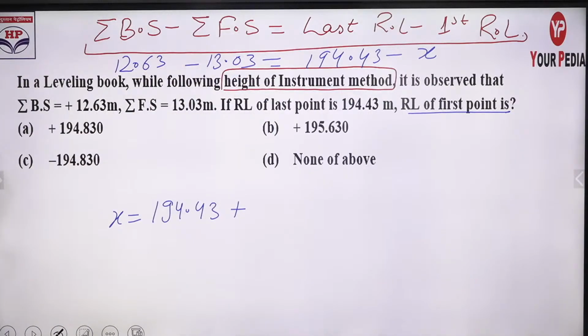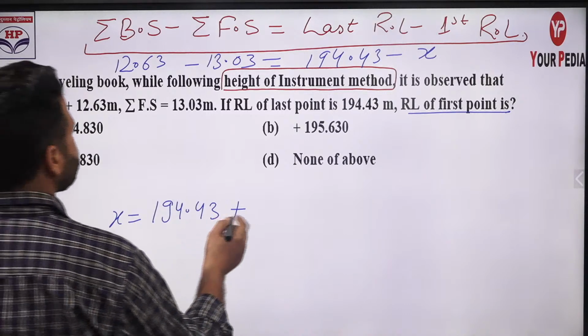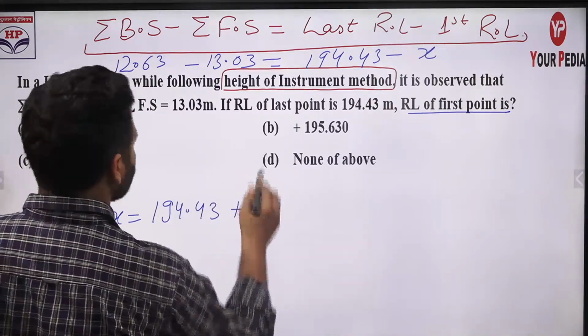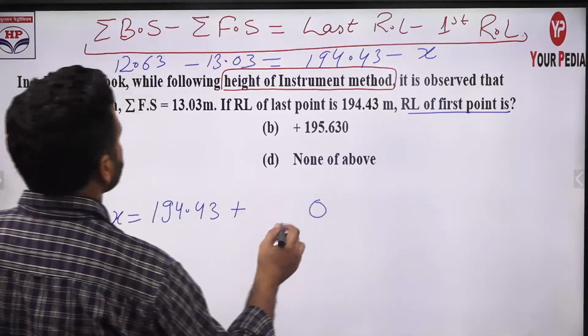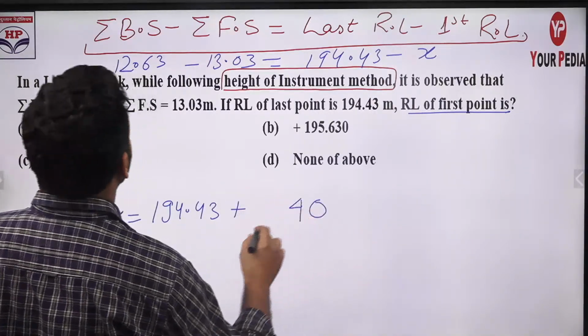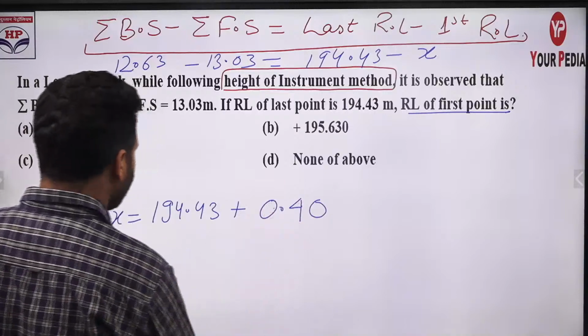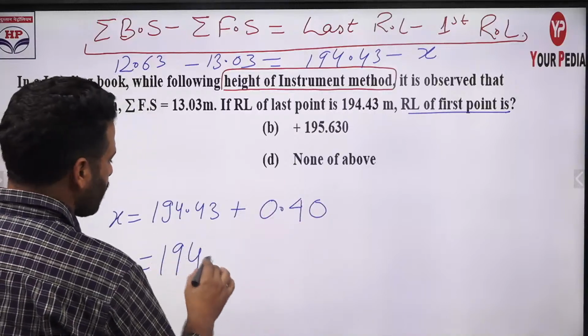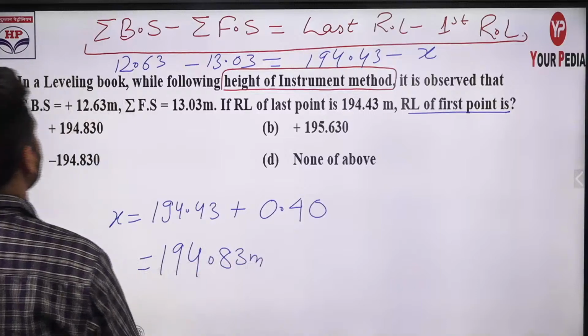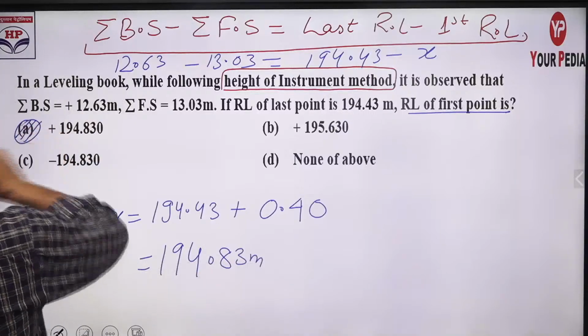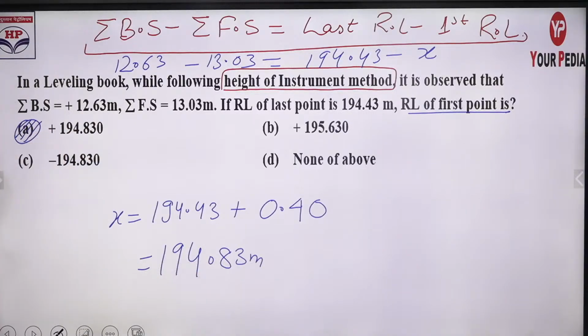So just have a look, 194.43, so the answer will be greater. There are three options in which the value is greater. So just solve it, and you will get 8, this is coming to be 30, this is 4, so 0.4. It is coming to be 194.83 meter, positive. That is option A, yes, A is the answer.